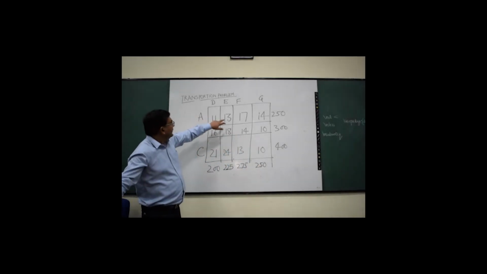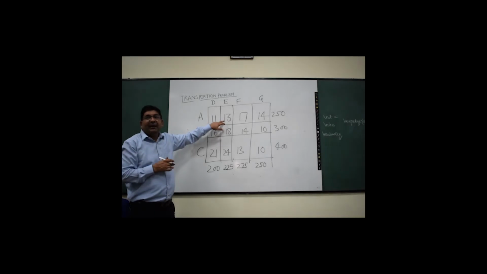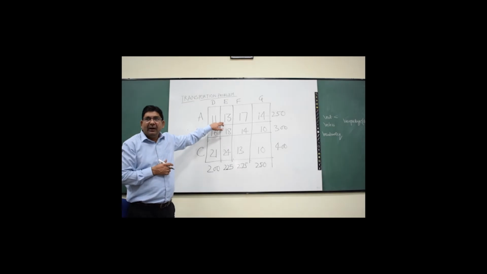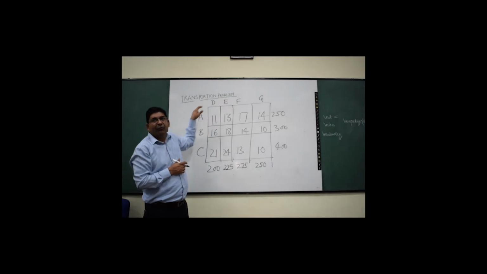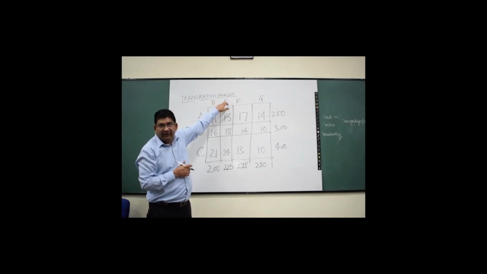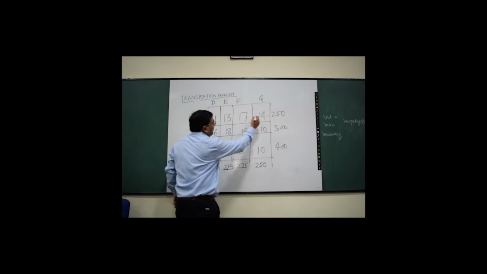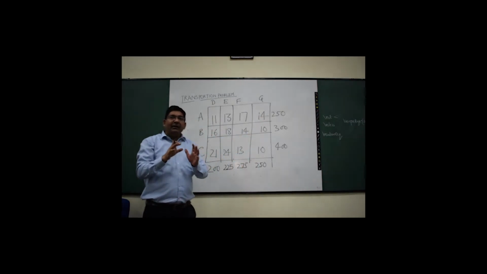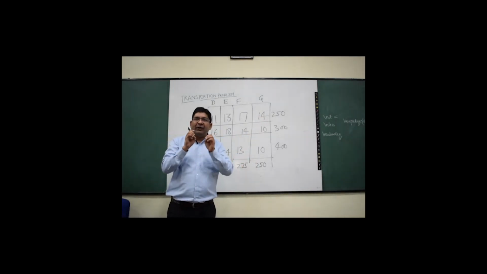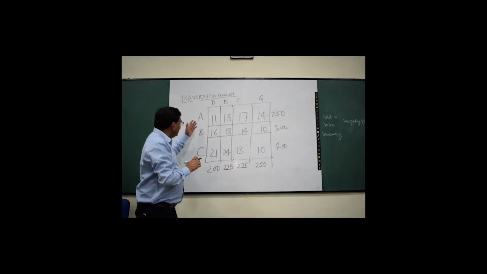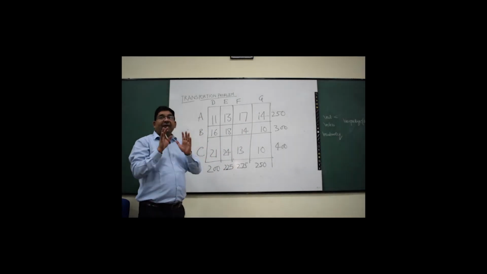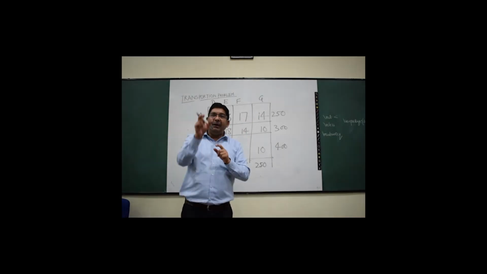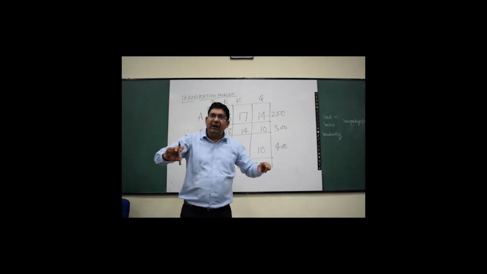Suppose we take 30. This is the per unit cost of transporting the product from source A to destination E. Similarly, other per unit costs are given, where each cost is the per unit cost of transporting the material from these three sources to these four destinations. First thing we have to check, as I told you, is that total availability should be equal to total requirement.